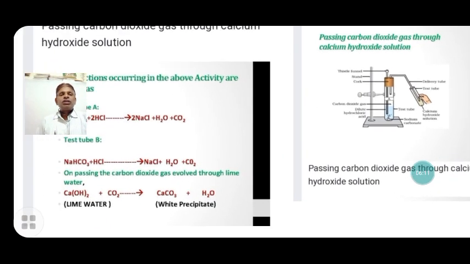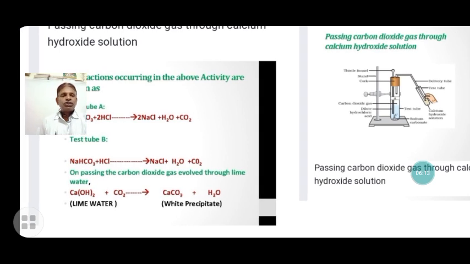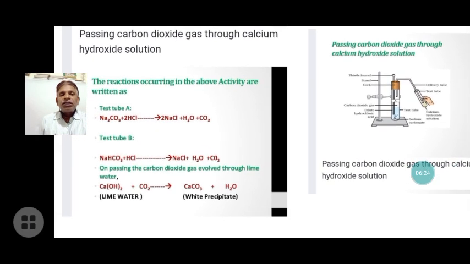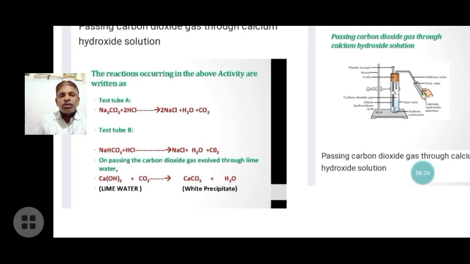Here, the test of carbon dioxide so produced is given in this slide. Here is the passing of carbon dioxide through the calcium hydroxide solution. In this reaction, the calcium hydroxide forms calcium carbonate that makes the solution milky.